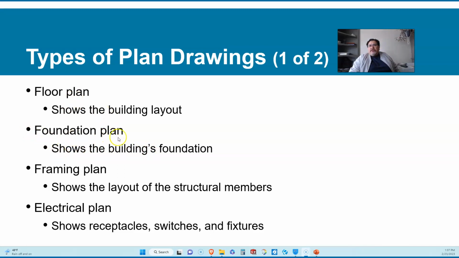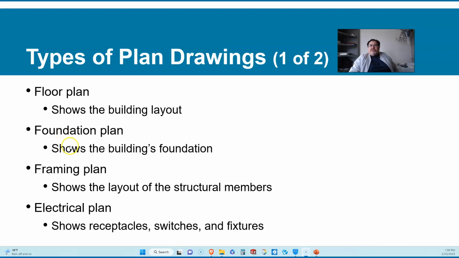And foundations are located below the floors. So you may see a foundation plan that may show, or a floor plan that may show you foundation information. Or you may find foundation information on a foundation plan, and see floor plan information mixed in there.